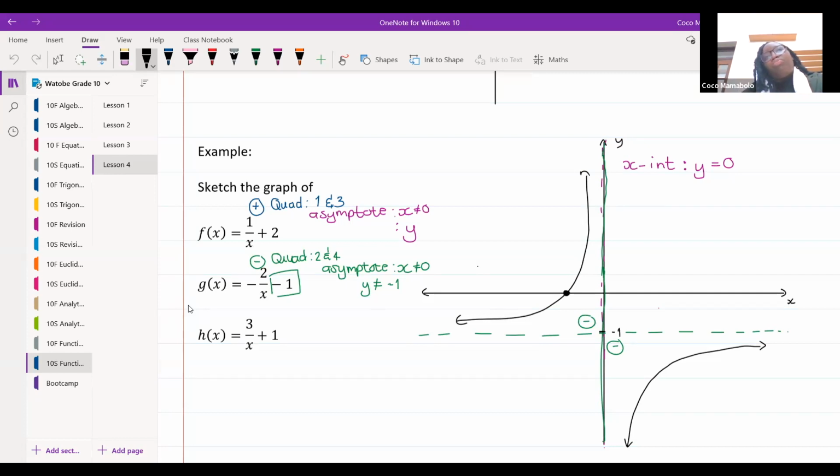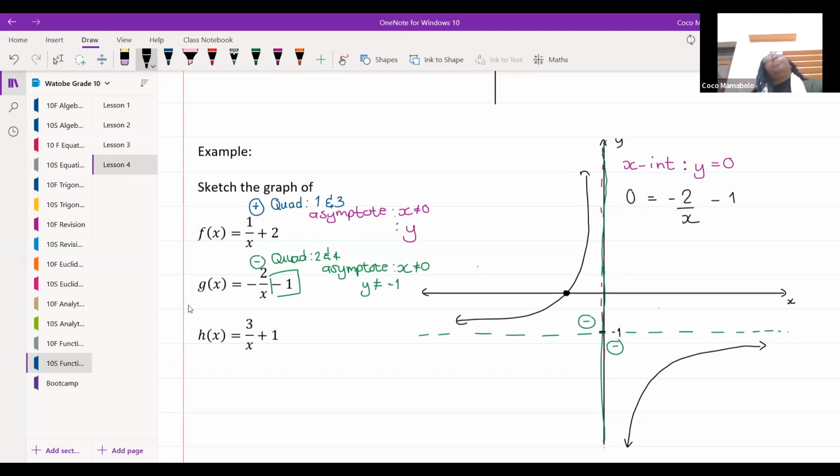Not the x, remember the g of x. So we're going to have 0 is equal to negative 2 over x minus 1. Good. All right.